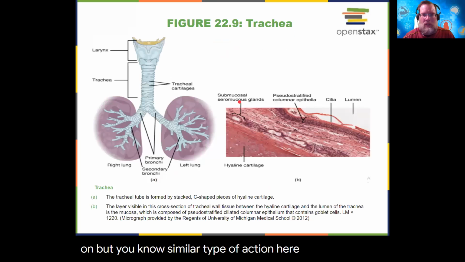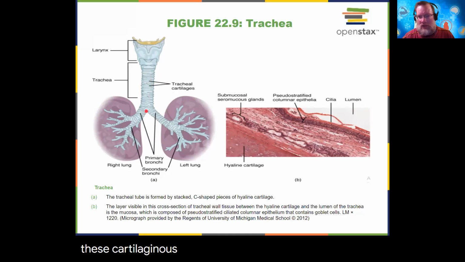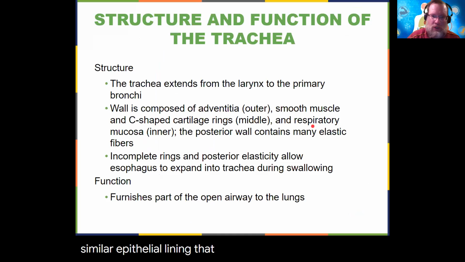So anyway, let's get away from the larynx and move down into the trachea. Again, we see these cartilaginous rings. They're incomplete. We also see a similar epithelial lining that we saw with the upper respiratory tract. It extends from the larynx down to what we call the primary bronchi.